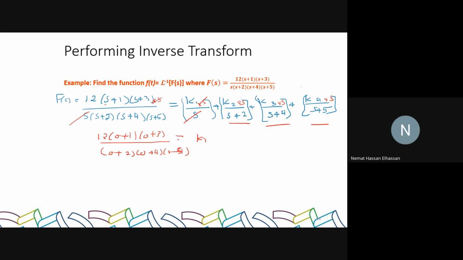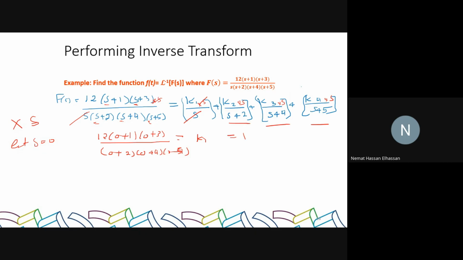Meaning in place of every S we substitute zero. I did two steps: multiplied the entire equation by S and then let S equal 0. So this gave me a way to only evaluate K1, which is equal to what?